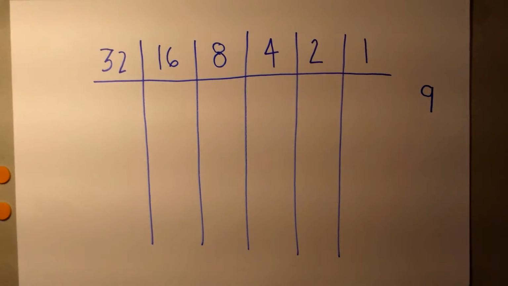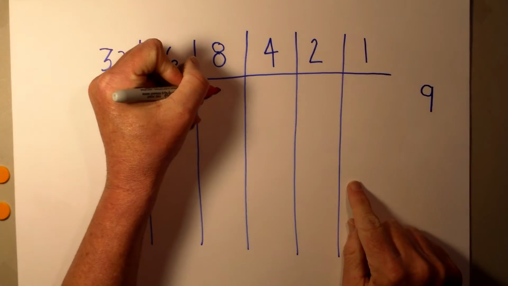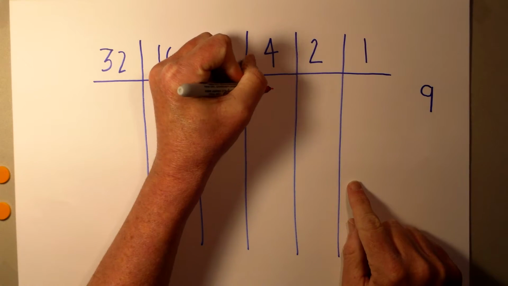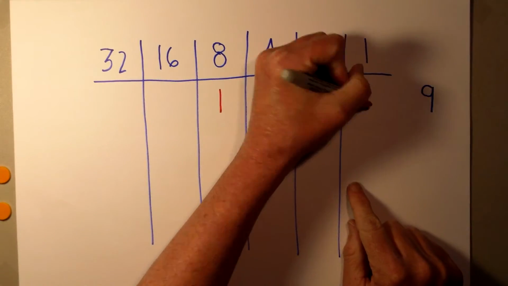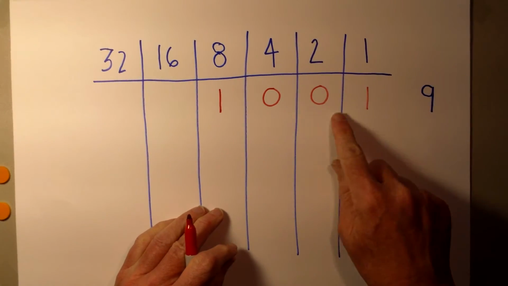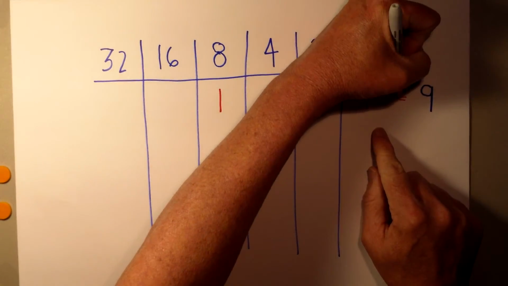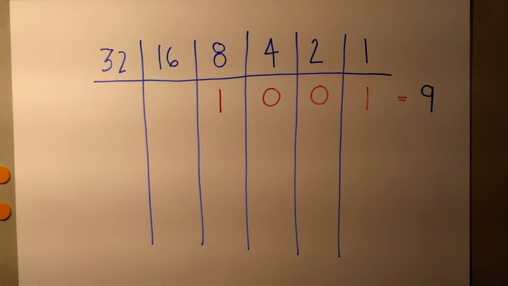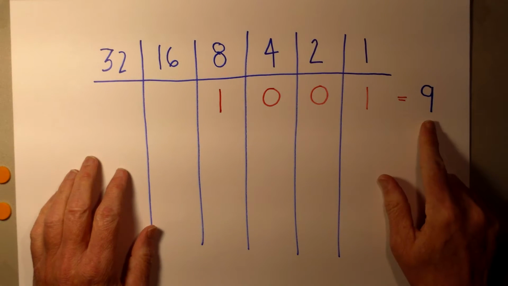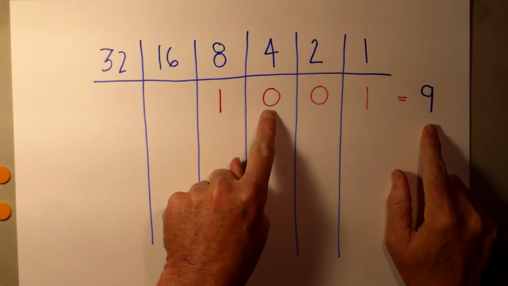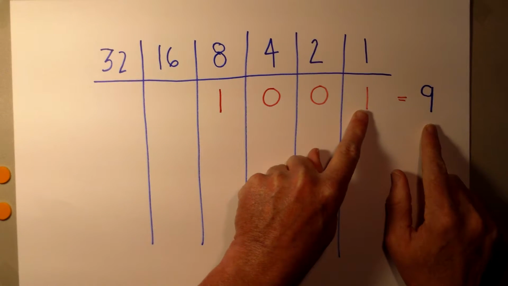So if I were going to write 9 in binary, I would need 1 8, 0 4s, 0 2s, and 1 1. So 1 0 0 1 equals 9 in decimal. There you go. Did you figure that out? I'll bet you did. So 9 is 1 8, 0 4s, 0 2s, and 1 1.